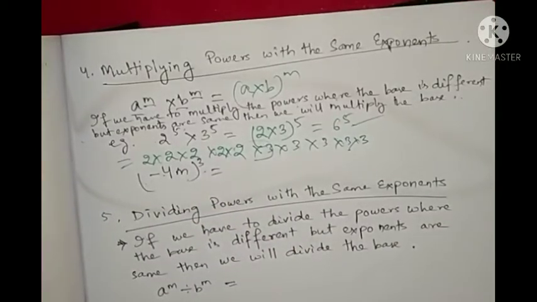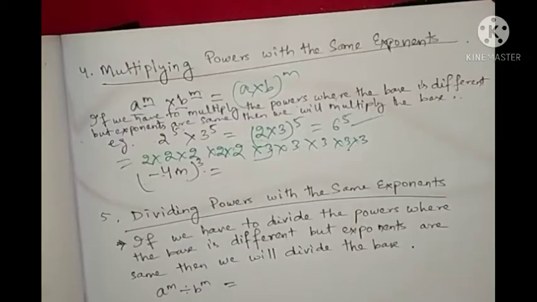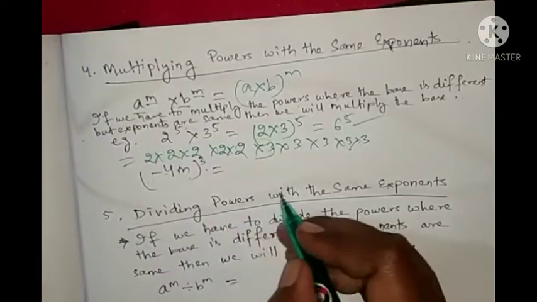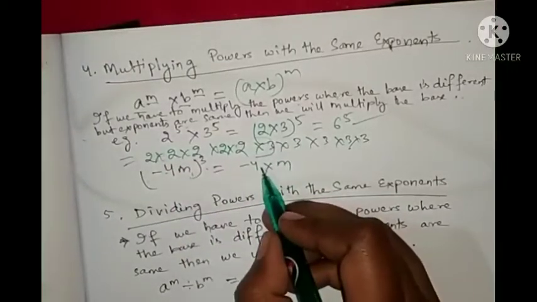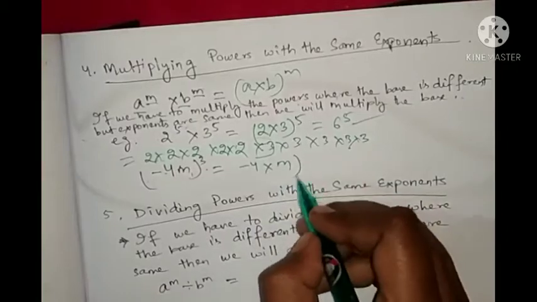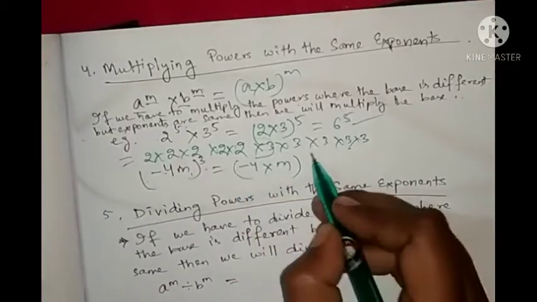You will multiply, means you will express it like minus 4 into m. Minus 4m means what? Minus 4 into m whole to the power 3.